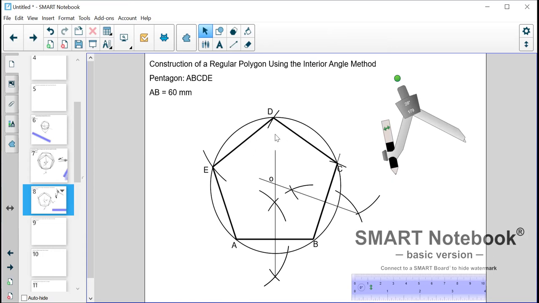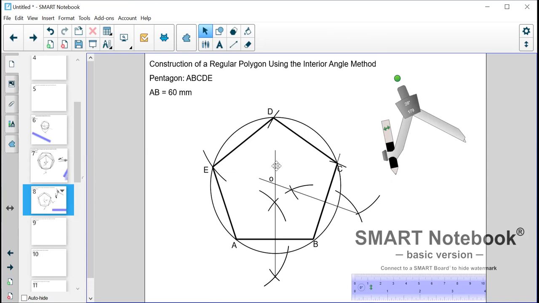If you were asked to construct a hexagon, the only difference is that you have to use an angle of 120 degrees instead of 108, because the interior angle for a hexagon is 120 degrees. Whatever polygon you want to construct using this method, you have to use the angle associated with that polygon.